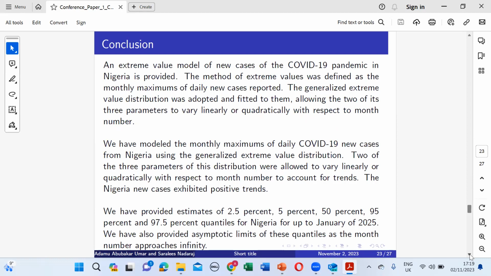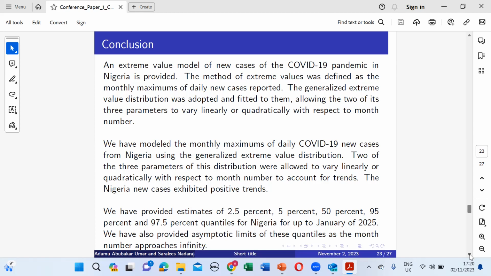We have modeled the monthly maximum daily COVID-19 new cases from Nigeria using this generalized model, to account for the trend.